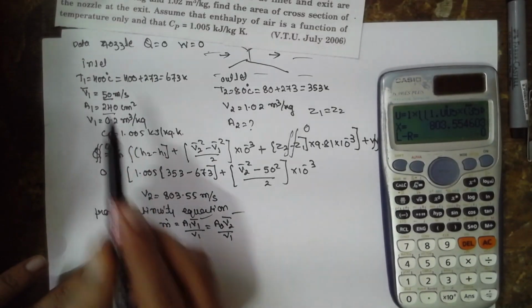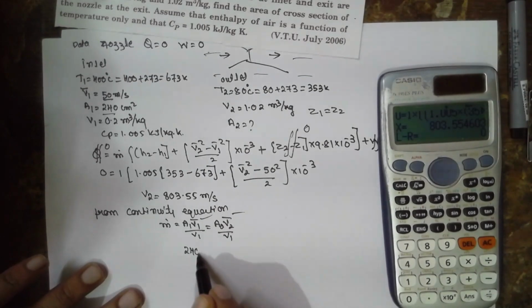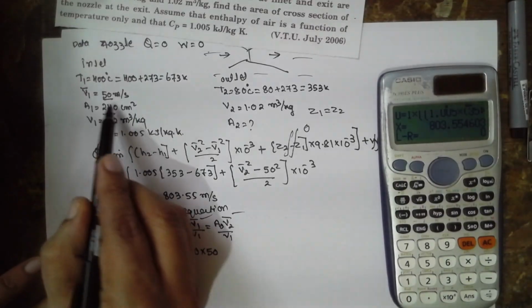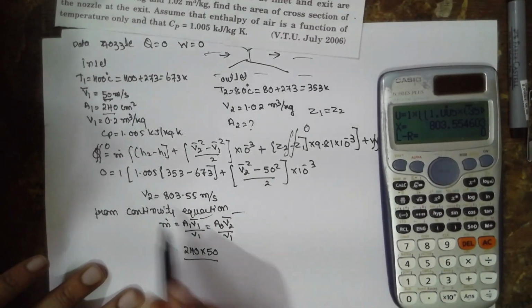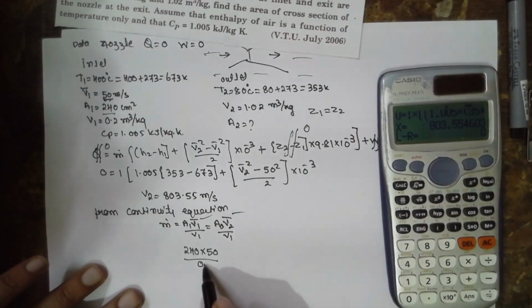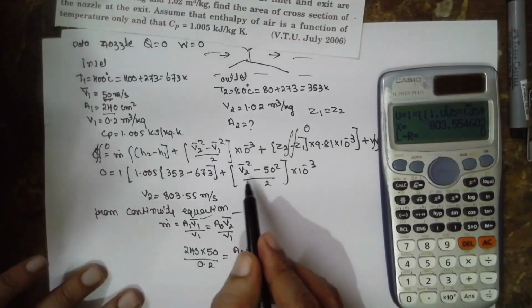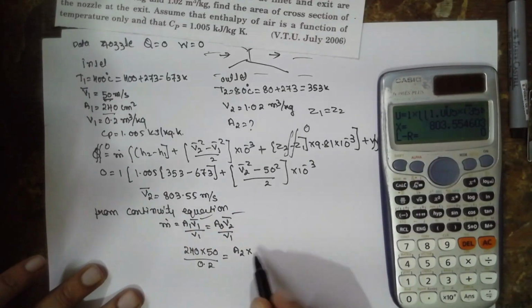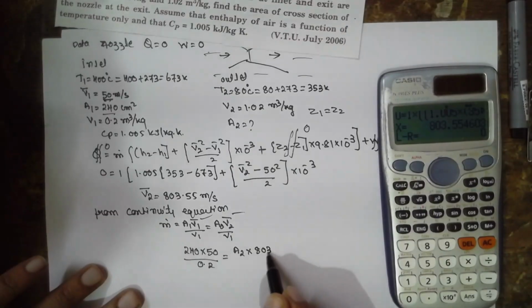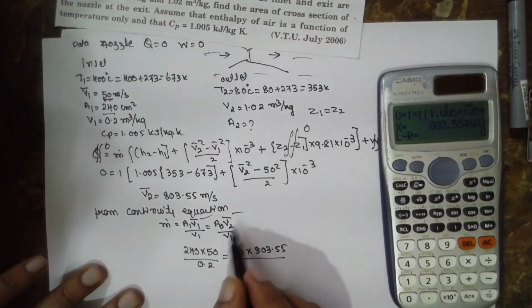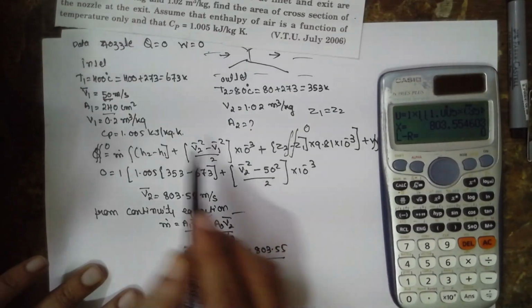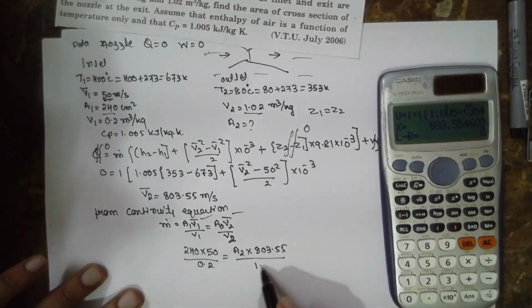Area 1 is 240 into V1 bar 50 divided by v1, the specific volume 0.2, is equal to A2, which is unknown, into V2 bar, which we got, 803.55, divided by v2, which is 1.02.